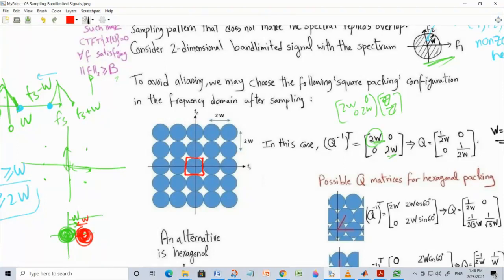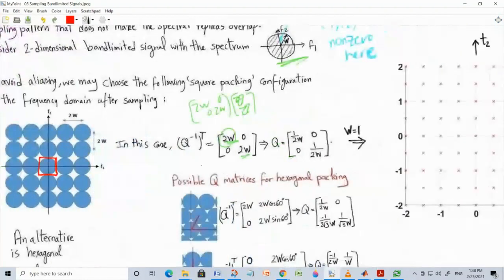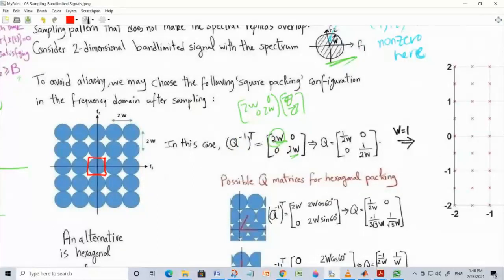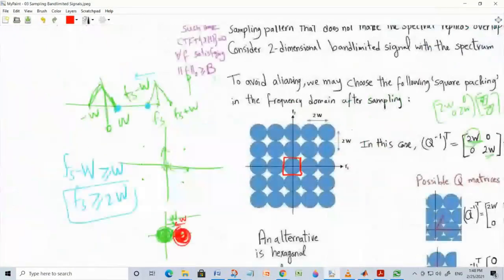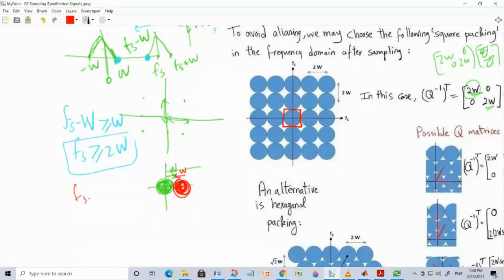And in the time domain, what is the corresponding Q matrix? The corresponding Q matrix is 1 over 2W, 1 over 2W, right? So in 1 dimension we say that Fs min is equal to 2W, and so Ts max, the maximum sampling interval, is 1 over 2W.